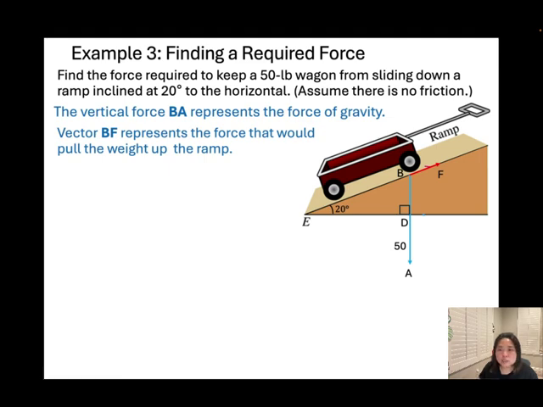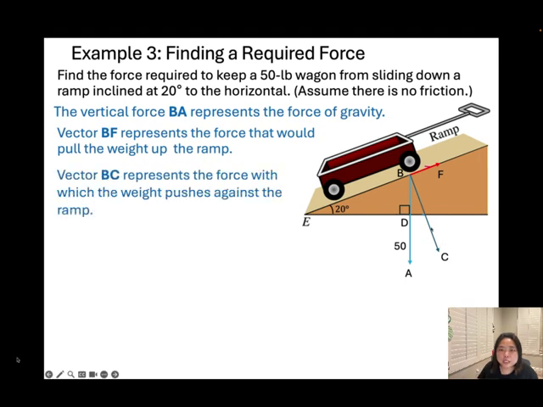Okay, and then we have one more force, the BC. BC represents the force with which the weight pushes against the ramp. So you guys remember the physics, action and reaction. Okay, and this creates another 90 degree angle here, F and C create the 90 degrees.